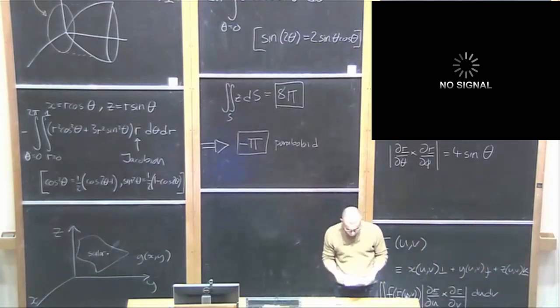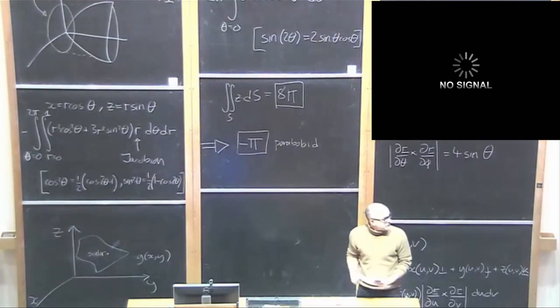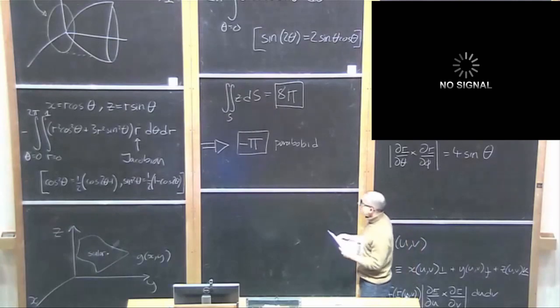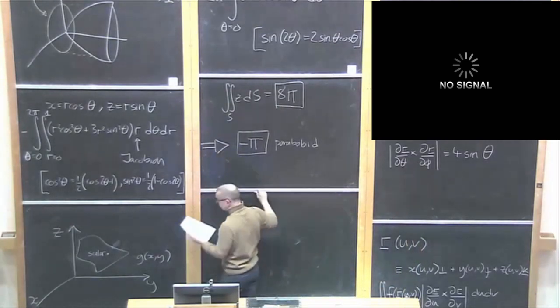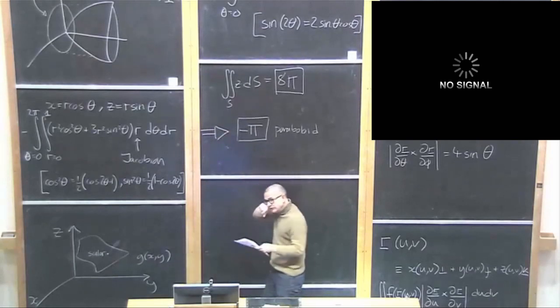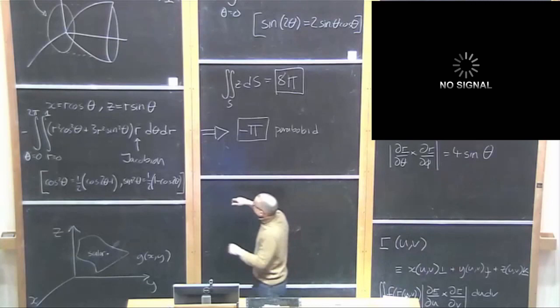All right. But we also need to add on to this the vector surface integral associated with the cap, the shape on the end of the paraboloid. So how do we do that?